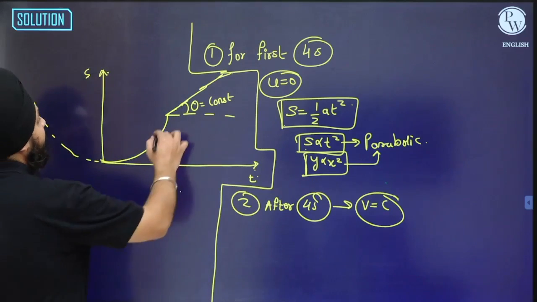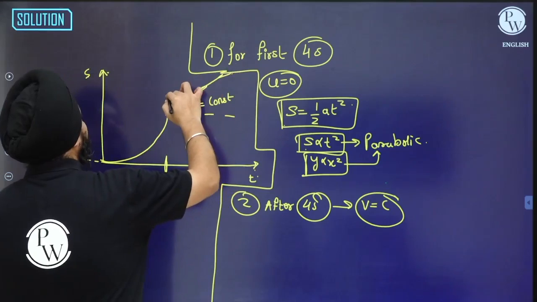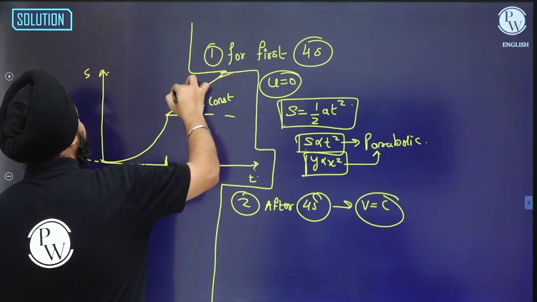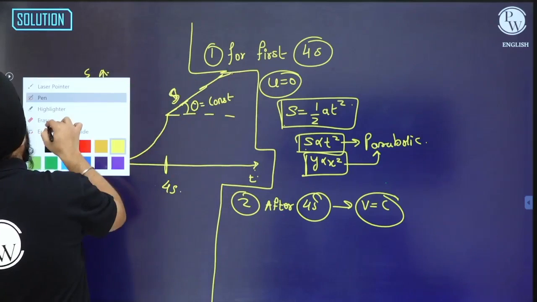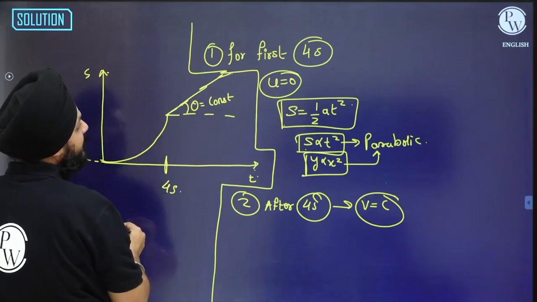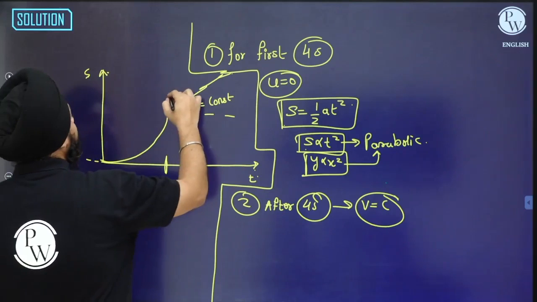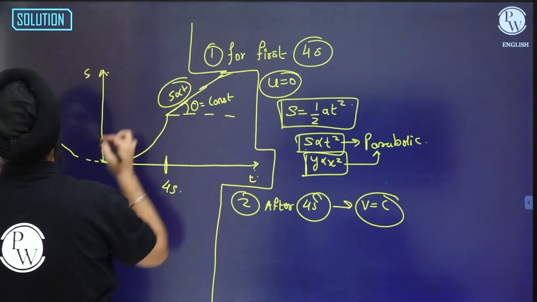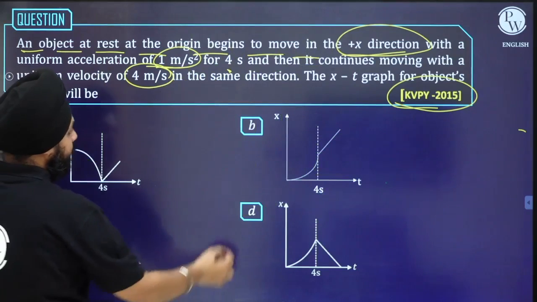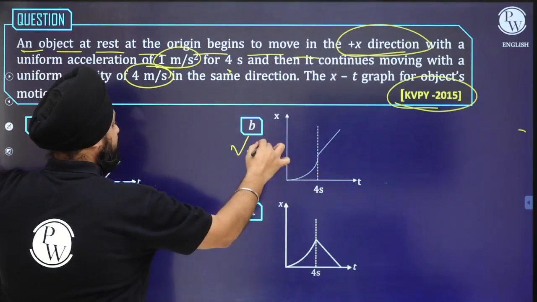So we have the graph as a straight line, because in that case displacement is directly proportional to t. So what will be the perfect answer? B will be the perfect answer for this specific question.